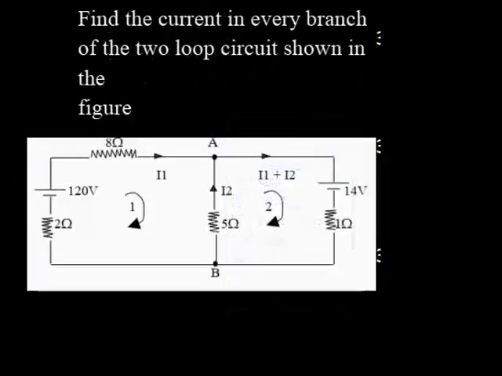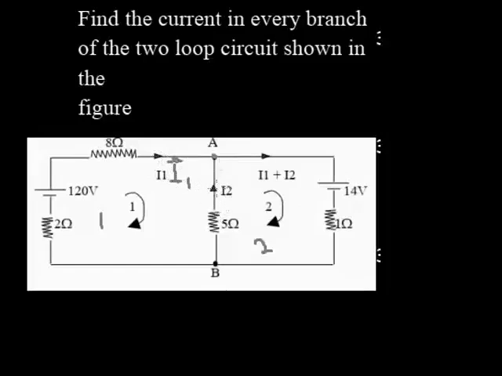As you can see, this is actually two loops. Here we have loop 1 and here we have loop 2. There's a junction here at A. This current here is I1, and this current is entering, and of course the arrow is shown.